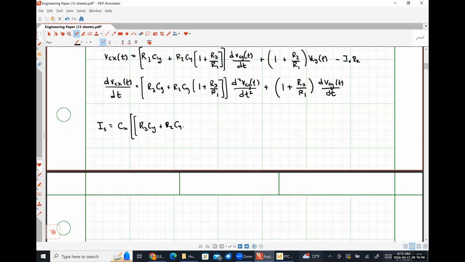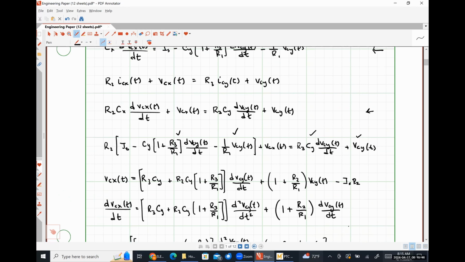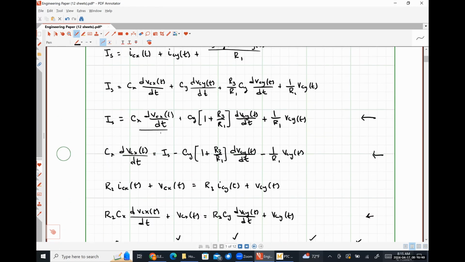R3 CY plus R2 CY times 1 plus R3 over R1, times my second derivative of VCY with respect to time, plus 1 plus R2 over R1 times the derivative of VCY with respect to time. And so all I've done to this point is literally that term.